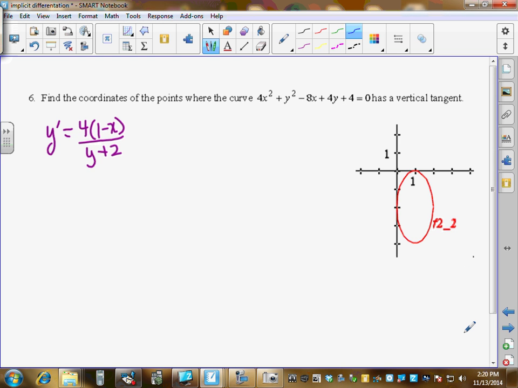All right, if we go back to that derivative again, this is the derivative of that. We want to know where we have a vertical tangent. Okay, we know that we have vertical tangents when the denominator is equal to 0. That's when here y would be equal to negative 2.